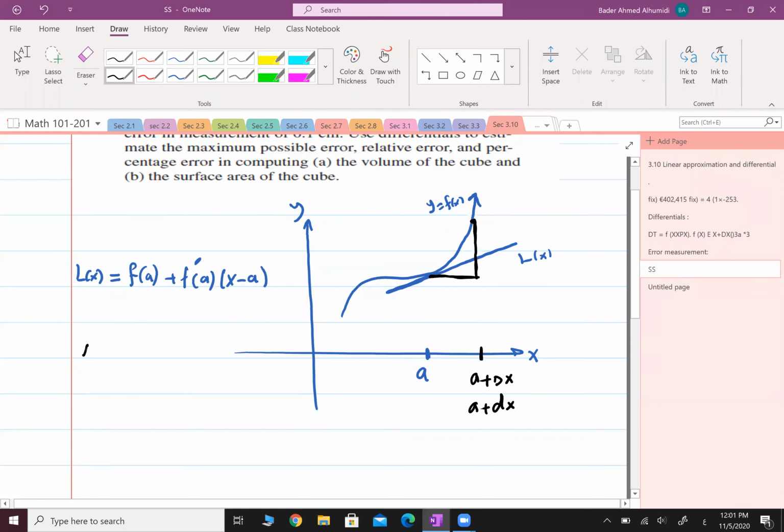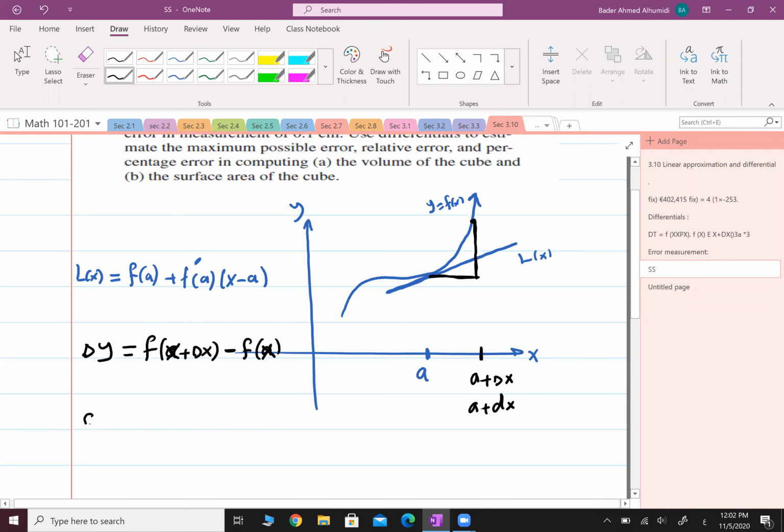That is called delta y, the actual increment in y. By definition, it is the difference between the image at x plus delta x and the image at x. In this case, it is f of a plus delta x minus f of a, because we are evaluating at a. In general, it is f of x plus delta x minus f of x.